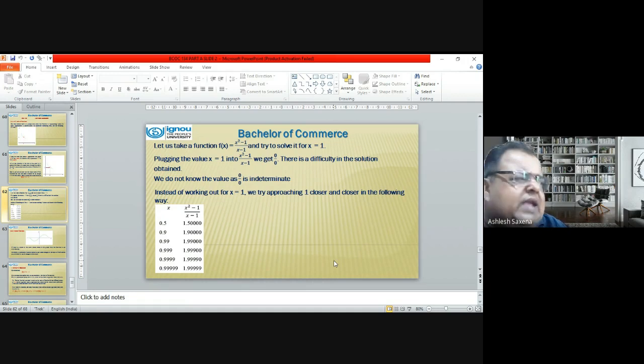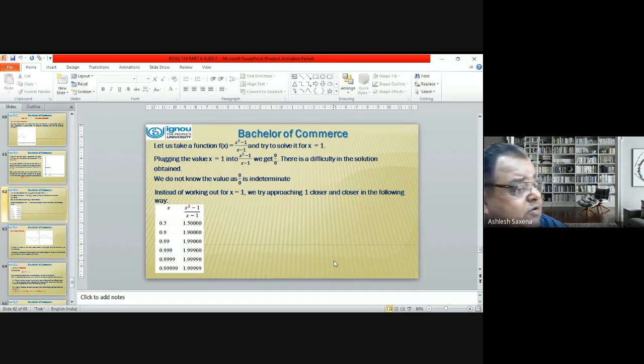We take two parts, one on the left and one on the right. One on the left means a value less than 1 and one on the right means a value greater than 1. We start with a value of 0.5 and increase a little bit, till 0.9999.